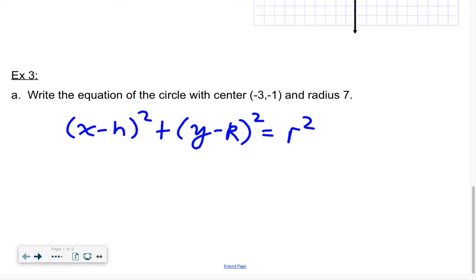What's my h value going to be? Yeah, so is it going to be +3 or -3? Plus. Yeah, it's always the opposite. Plus or -1? Yep.